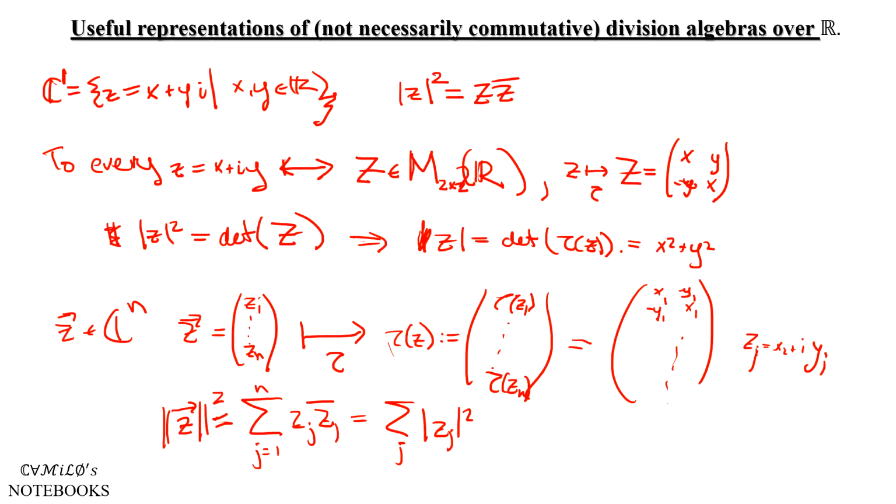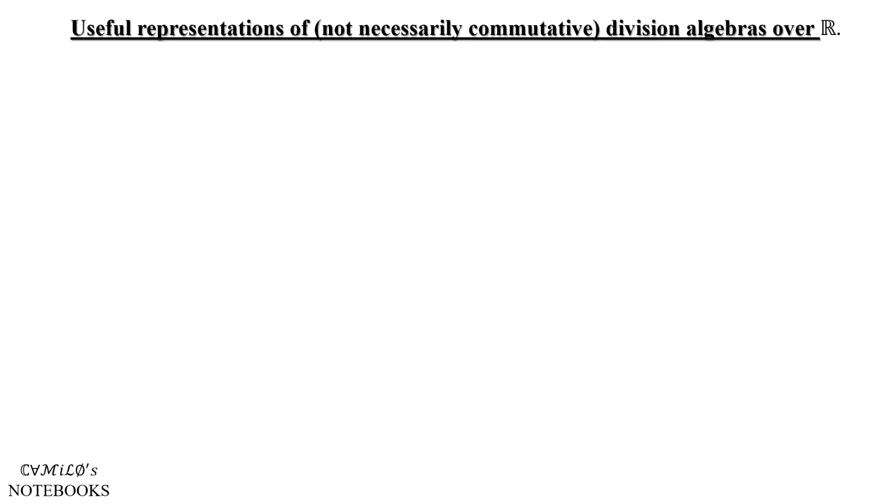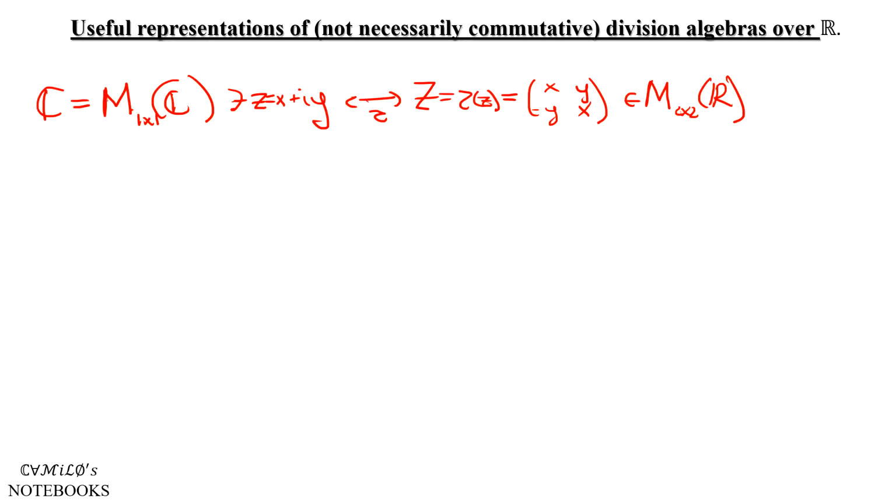So to summarize these embeddings or representations, the whole point is you can see the complex numbers, or one by one, embedded inside the 2 by 2 real matrices.